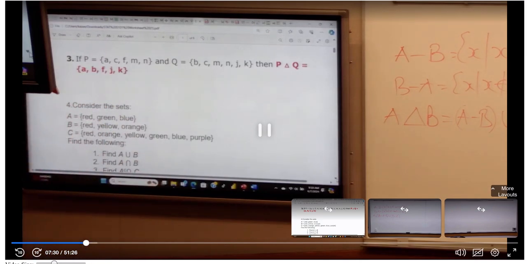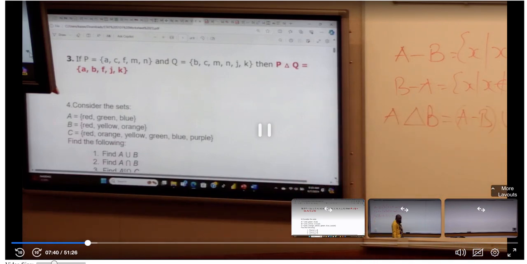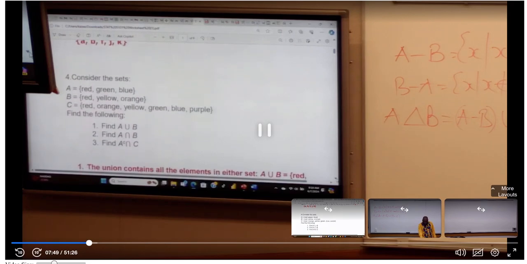Is there any question about number 3? Okay. Now I want to go to question number 4. Like I said, what we're doing today is just walking you through some mathematical examples.